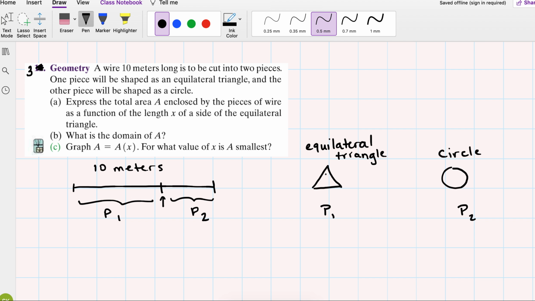Well, we need to figure out what the area of an equilateral triangle is. So remember that the area of a triangle, let's write it up here. Area of a triangle is 1/2 base times height. And the area of a circle, that's equal to pi r squared.